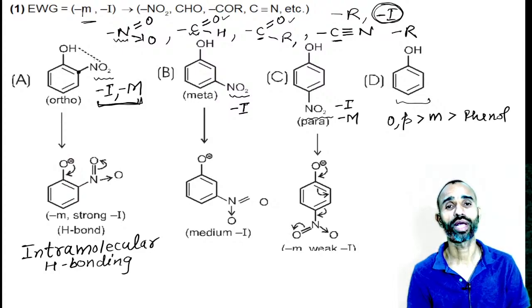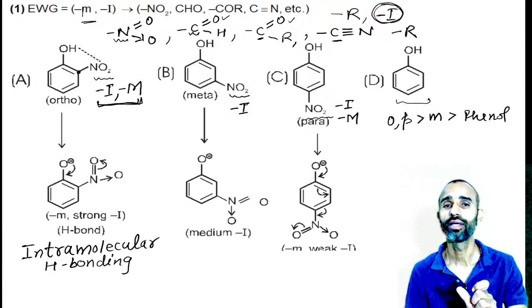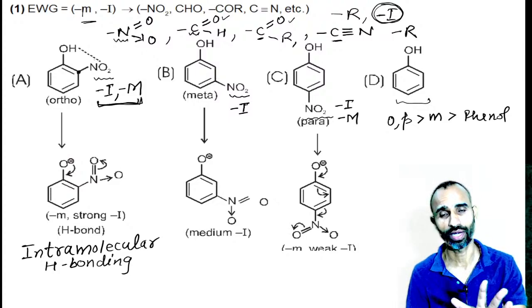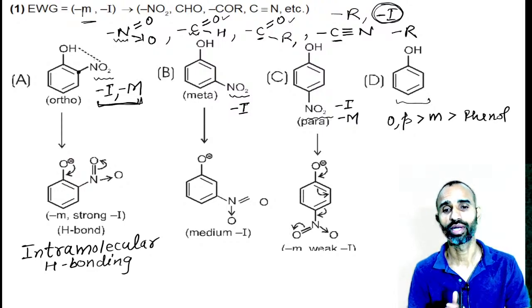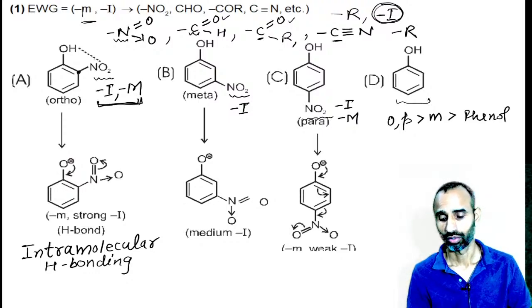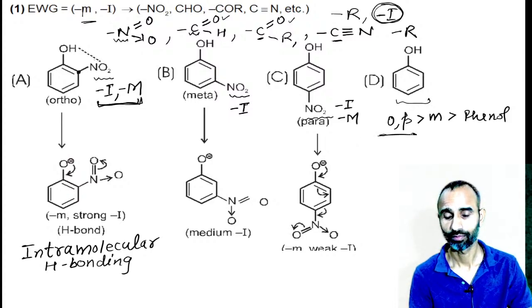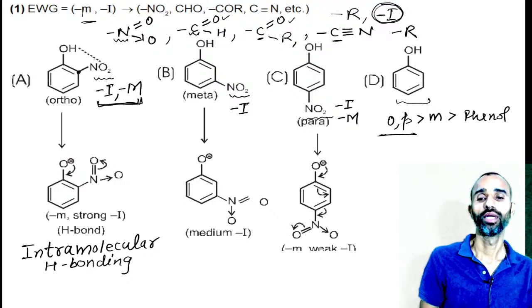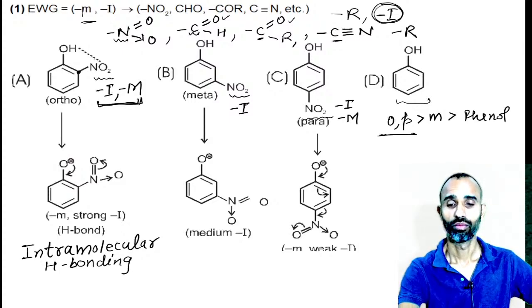Means ortho and para nitrophenols are more acidic than meta, because in meta there is electron withdrawing effect due to minus I effect only, but in ortho and para there is minus I as well as minus M. Now out of ortho and para, which one is more acidic? Para would be more acidic because there is no intramolecular hydrogen bonding.